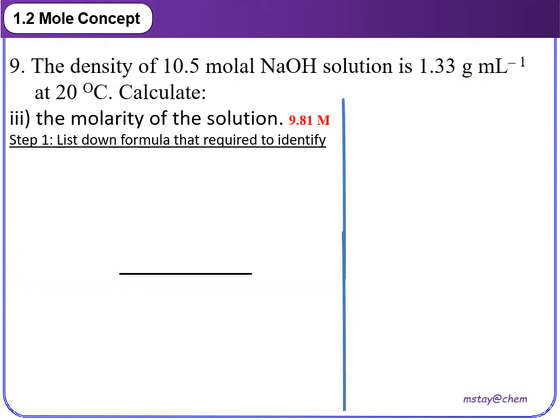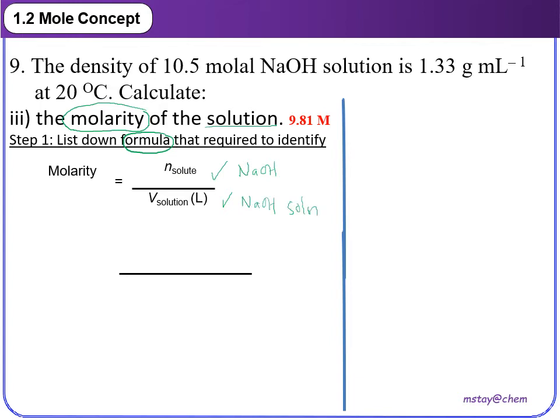Now let's look at the third part of question number 9, where the question asks you to identify the molarity of the solution. As usual, the first step is to list down the formula, which is mole of solute over volume of solution in liter. In this case, solute is NaOH, while solution is the NaOH solution.